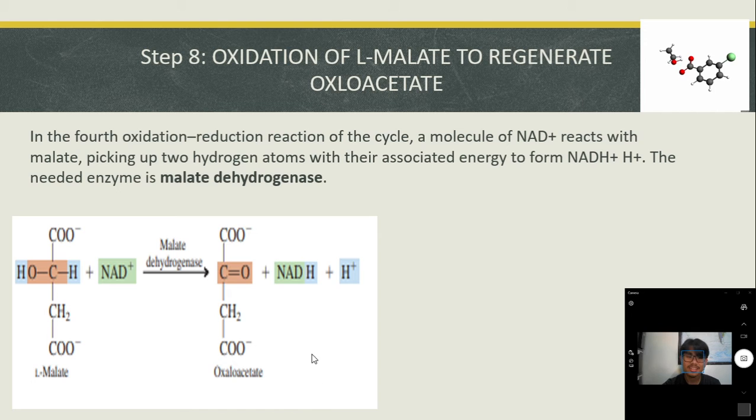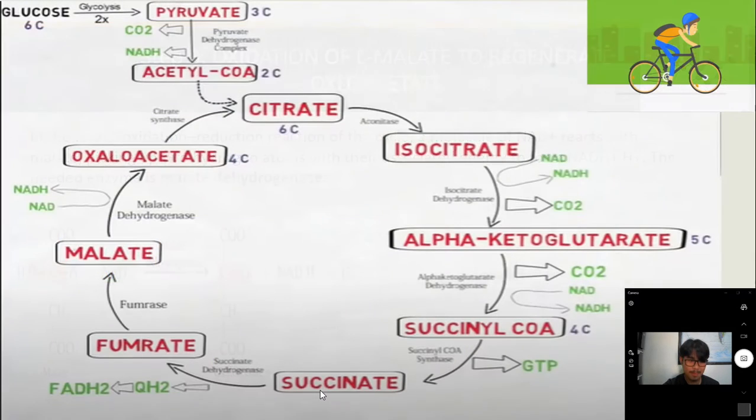So I said a while ago that I'm going to discuss the whole cycle again from the start. First, it starts with glucose. Glucose has 6 carbons, and via glycolysis, pyruvate is produced.